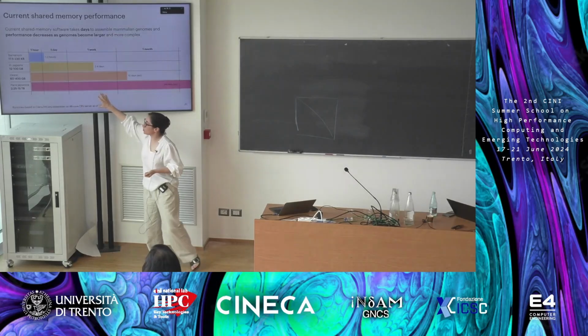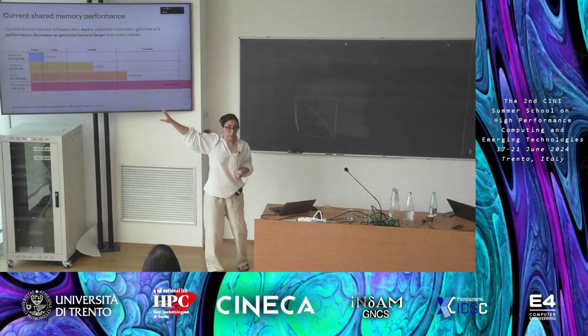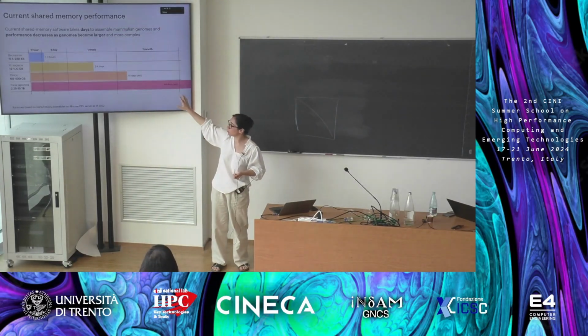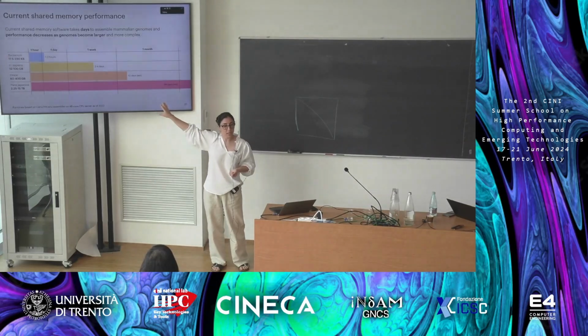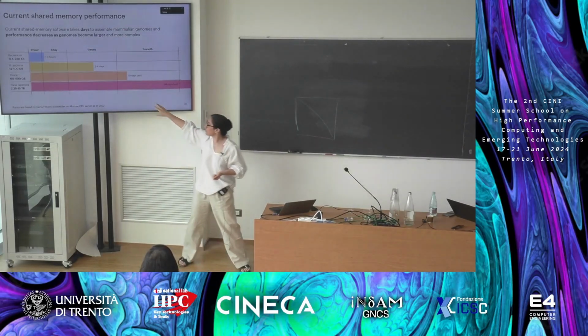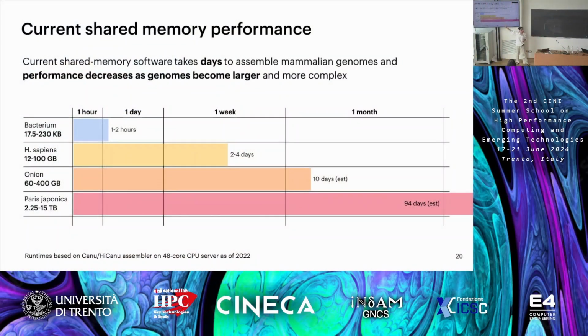And the issue gets much bigger when you go into plants. Again, onion was assembled for the first time 2 or 3 years ago. This is a time estimate because I reached out to the authors multiple times to learn the exact time, but I've been ghosted multiple times.